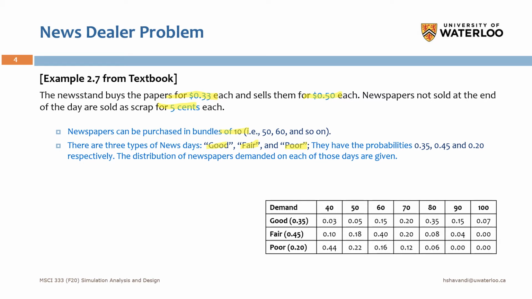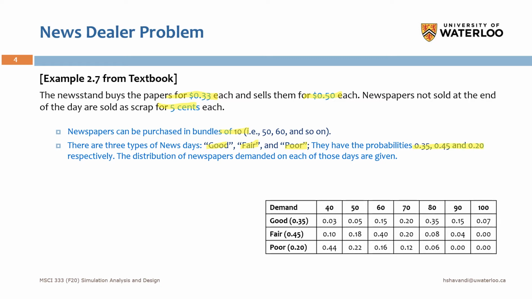If it's fair, the demand is in a medium quantity. If we have very low demand on a day, we call that day a poor day. So we have these 3 types of day in terms of the demand for newspapers, and these are the probabilities for having these days.